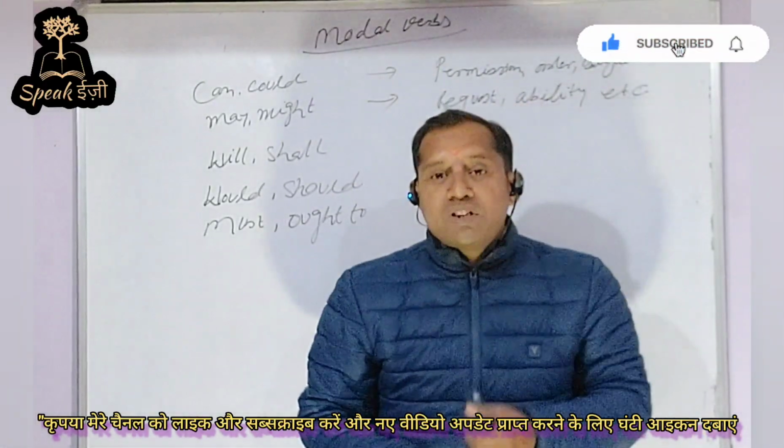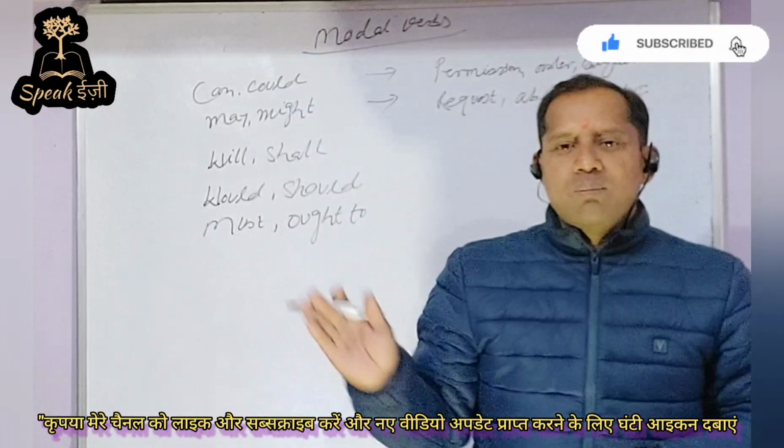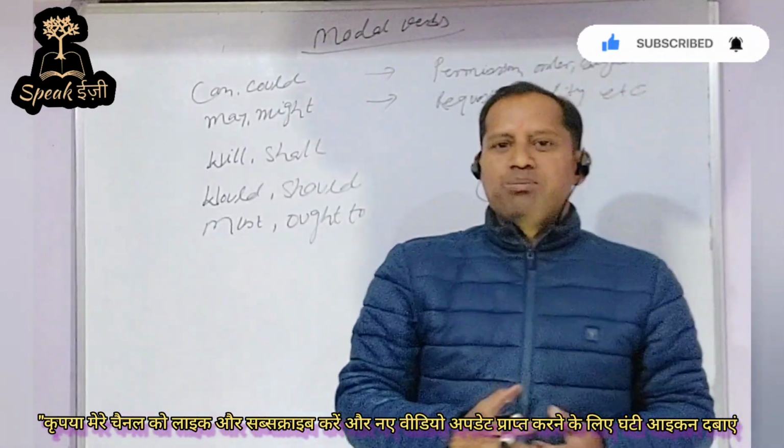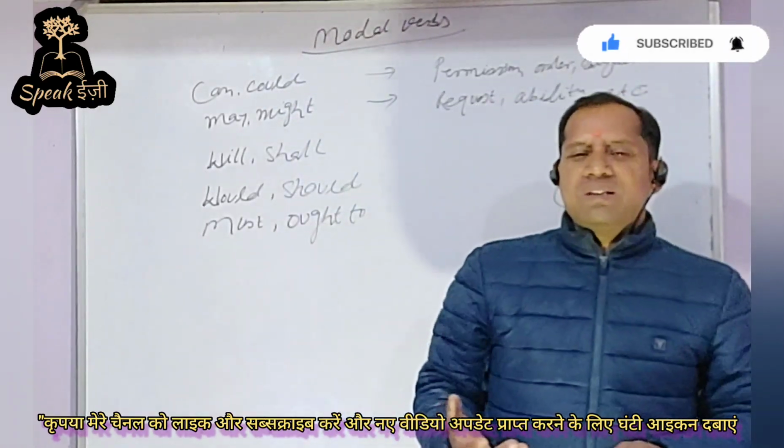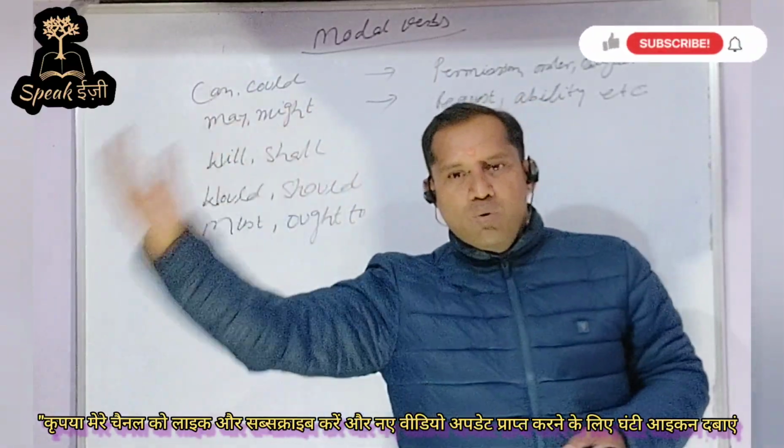When we have to take a permission from somewhere, we use these modal verbs. A common example of that, in school, generally we say, "May I come in? May I go out?"